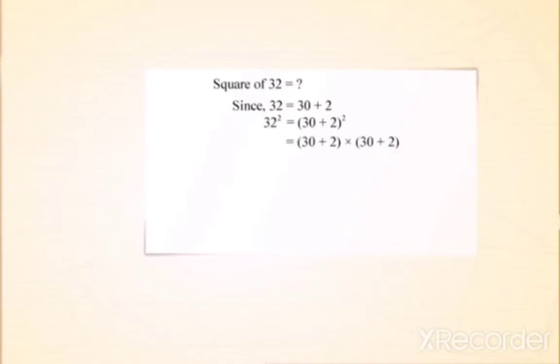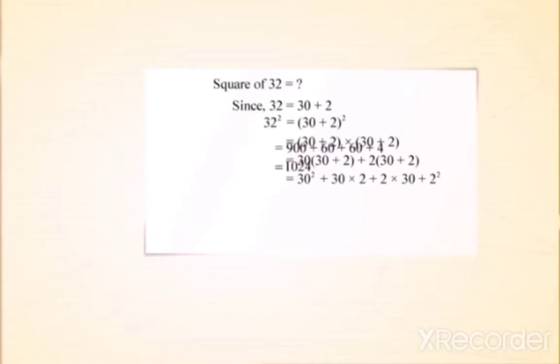Using the distributive law, you can write it as 30 into (30 plus 2) plus 2 into (30 plus 2). This is equal to 30 square plus 30 into 2 plus 2 into 30 plus 2 square. When solving the equation, you get 1024.